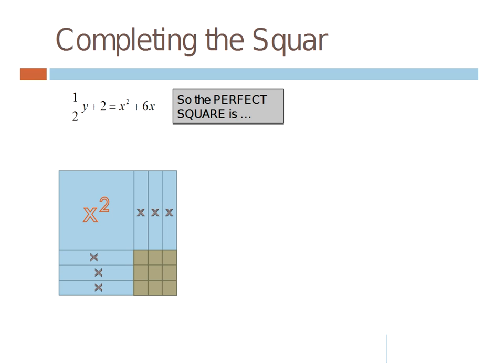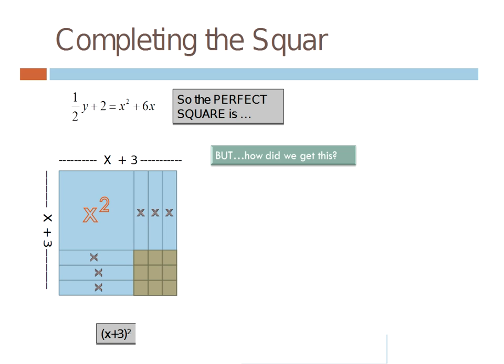So what this means is now this is a perfect square, and it's a perfect square because that side length is x plus 3, and this side length is x plus 3, and so this is exactly x plus 3 all squared. Now the question becomes, how do we do this? So what we looked at here was we took half the coefficient of x, squared it, and added it to both sides.